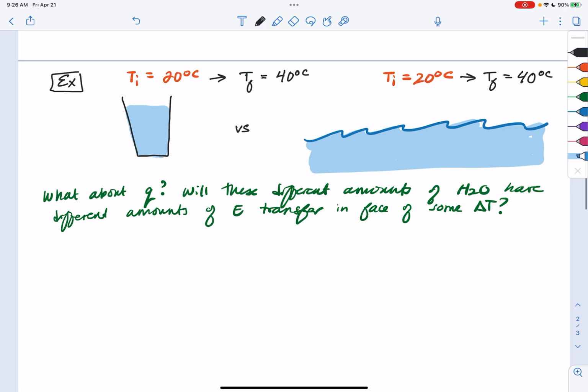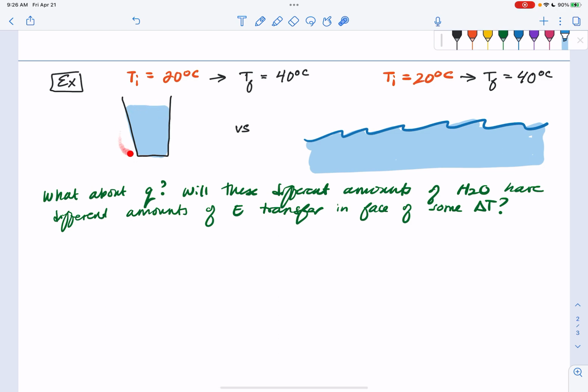Is it going to be equally as energetically feasible to heat the glass of water from 20 to 40 degrees centigrade as it is to heat the ocean from 20 to 40 degrees centigrade? Like, which of these, if either, is going to have a harder time transferring thermal energy?